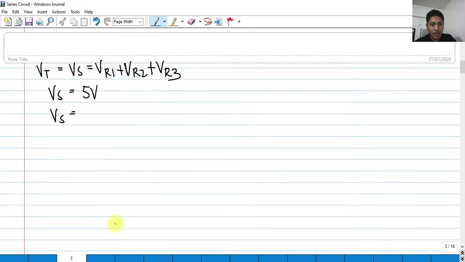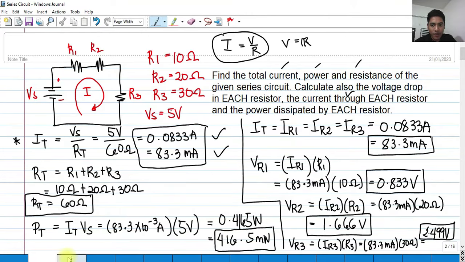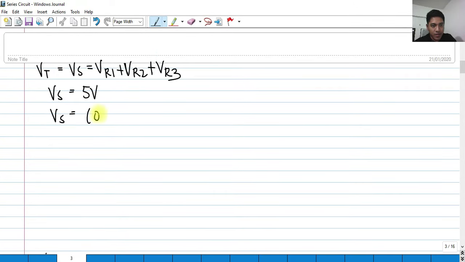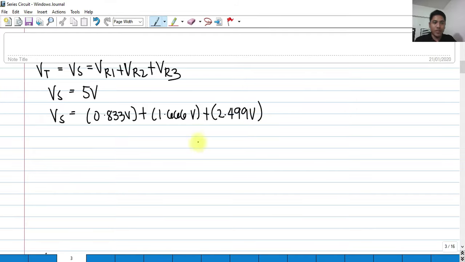So if we add that, we have first 0.833 volts plus 1.666 volts plus 2.499 volts, if I'm not mistaken.